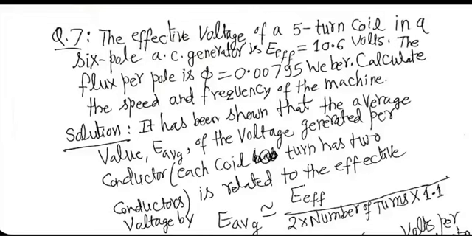Read it carefully first. I'll give you 1 minute. This is more close to a real life scenario. It's a single phase AC generator, it seems. It's not a 3-phase generator. That's what I feel.